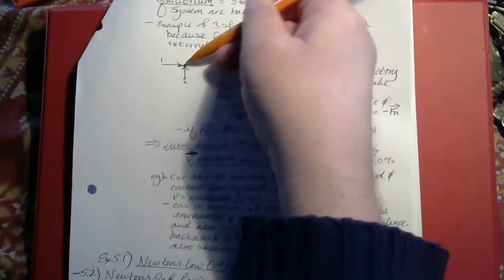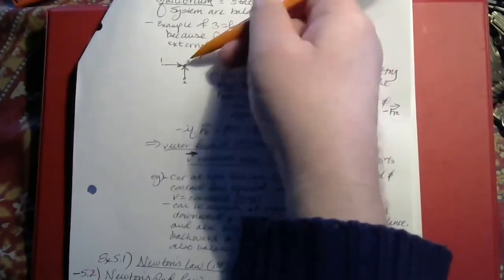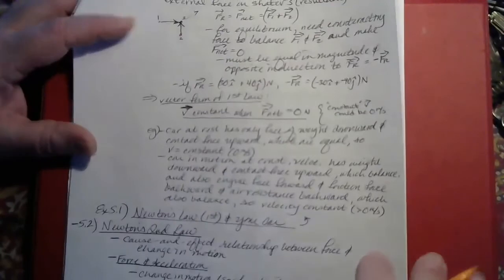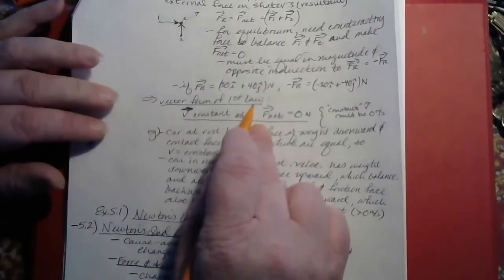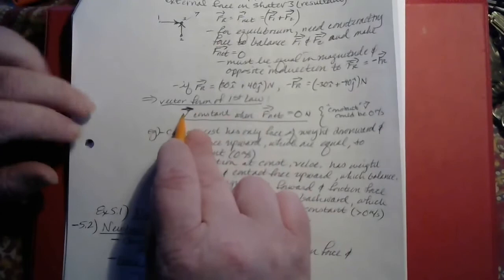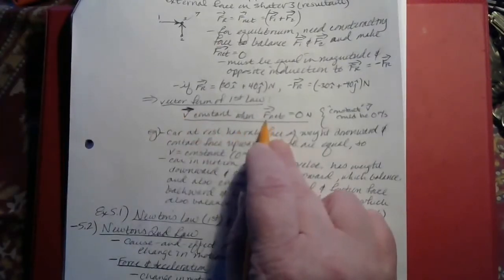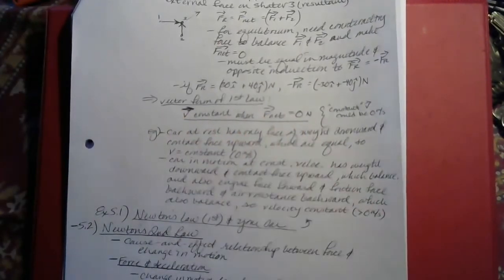If you push with 50 newtons of force in the opposite direction of the resultant force, then you would stop skater 3 from moving, and that would be enough to balance forces 1 and 2. So this brings us to the vector form of the first law: the velocity vector is constant if the net force vector is 0. But remember, again, 0 meters per second would be considered a constant velocity, so the object could be at rest.